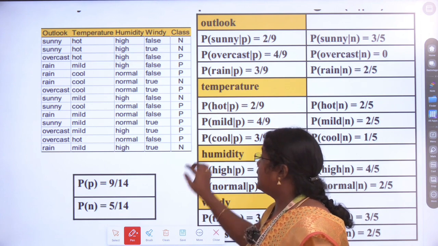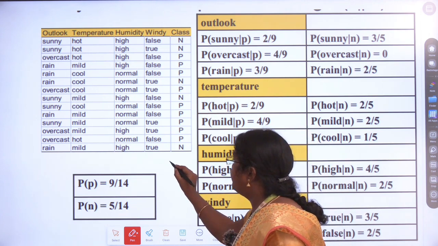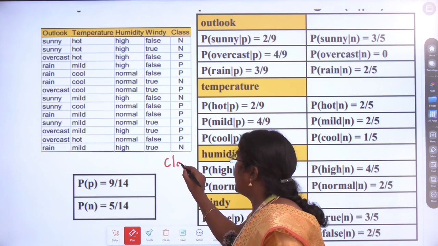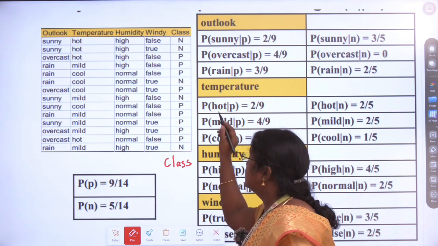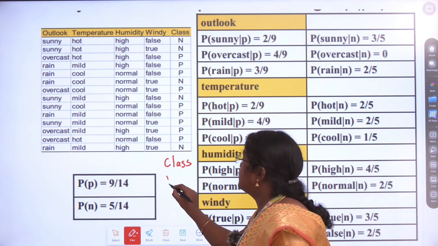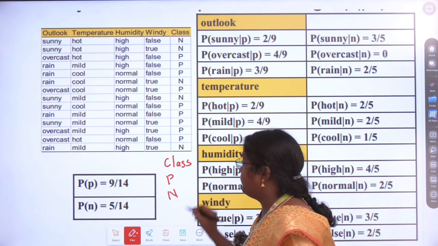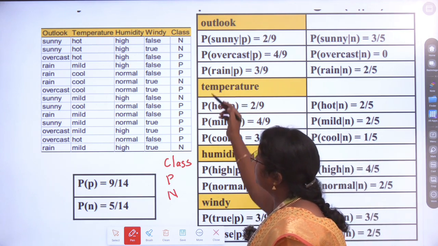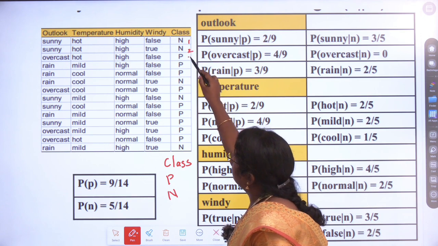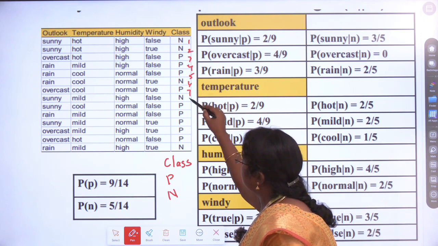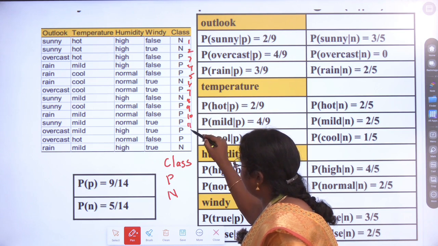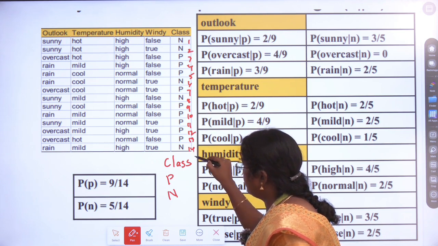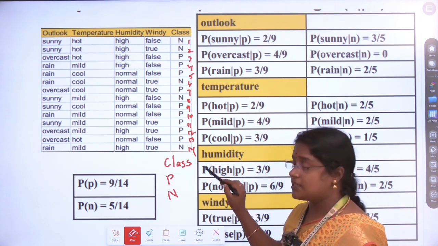First I am taking the output class, that is the target class, which has two categories, played or not played. So what is the total number of instances? 1, 2, 3, 4, 5, 6, 7, 8, 9, 10, 11, 12, 13, 14. So the total number of instances is 14.